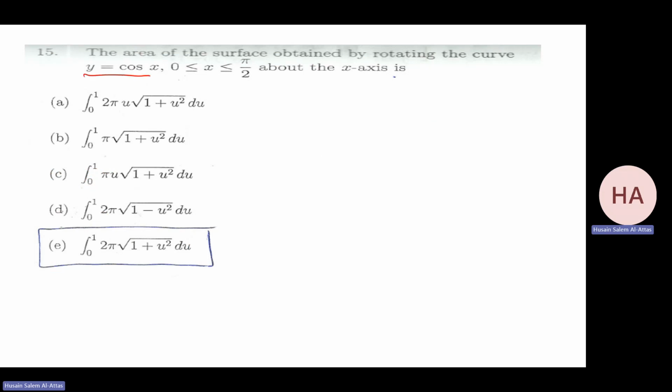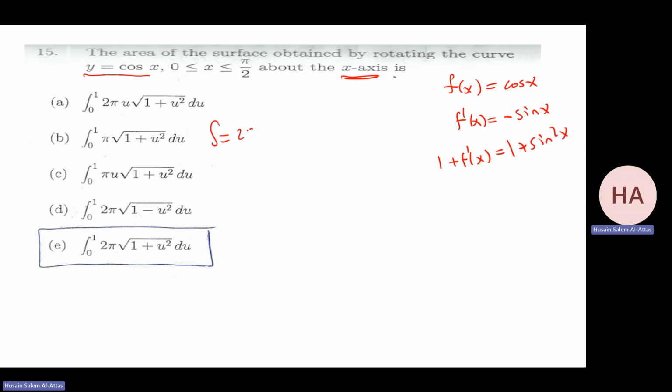Okay, this curve about the x-axis. So f of x is cosine x, I'm working in terms of x, f prime is minus sine x, so 1 plus f prime of x all squared will be 1 plus sine squared x.